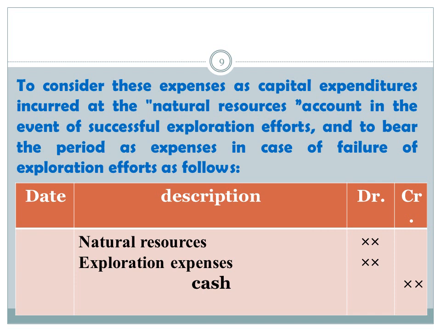There are two accounts. First, natural resources, in the case of successful exploration efforts. Second, exploration expenses in case of failed exploration efforts. Cash will be in the credit side.